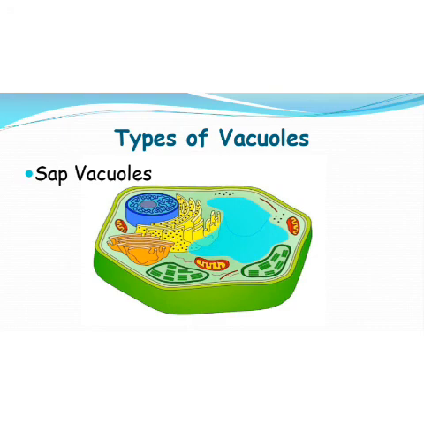Here the figure is of a plant cell where the vacuole is prominent, and it is the blue-green or bluish color shown in this figure. This type is known as sap vacuole type.